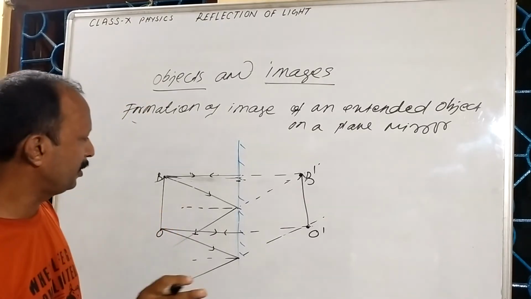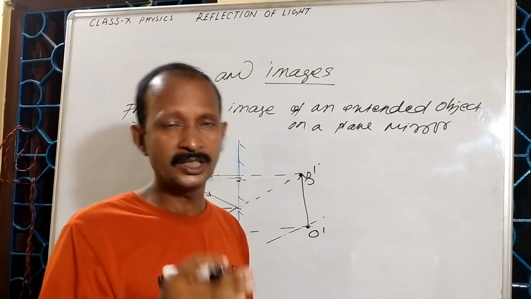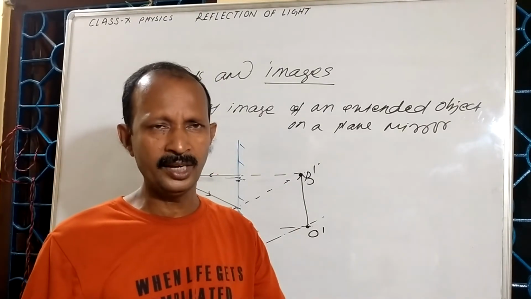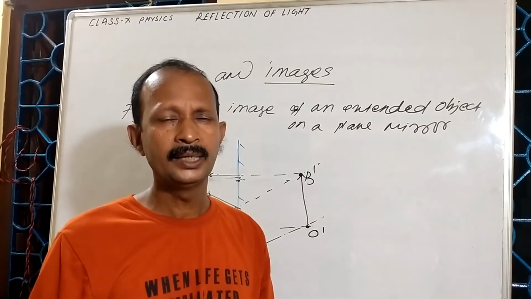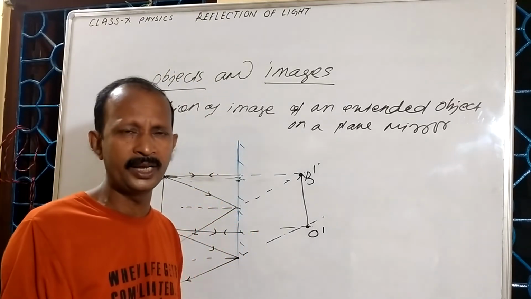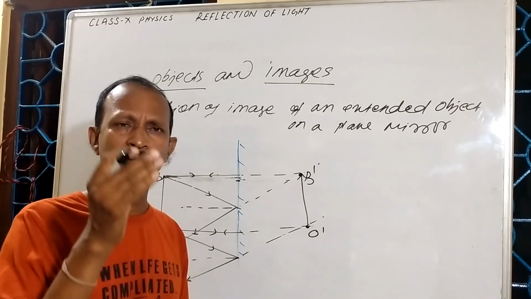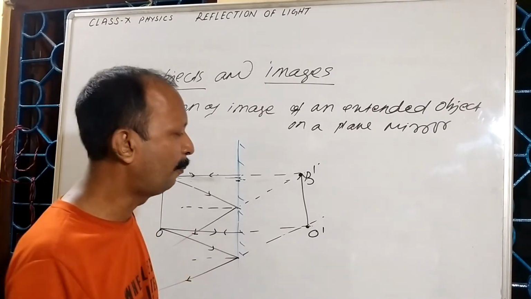So one more piece of information I would like to say: if any light ray is incident on a surface perpendicularly, that means it makes an angle of incidence of 0 degrees. So the reflected light also will travel along the same path but in the opposite direction.